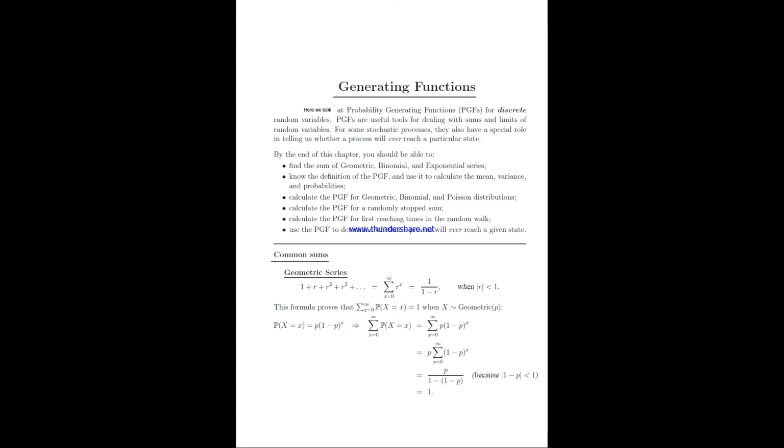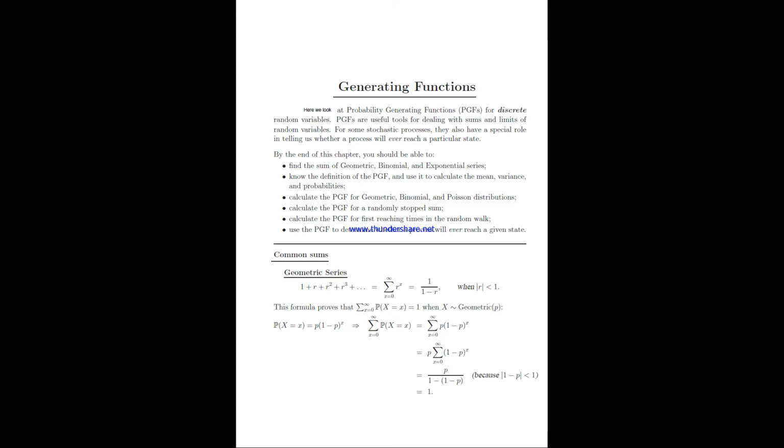Especially here we look at probability generating functions for discrete random variables, some of the useful tools when you're dealing with them, and how you can apply them to stochastic processes.